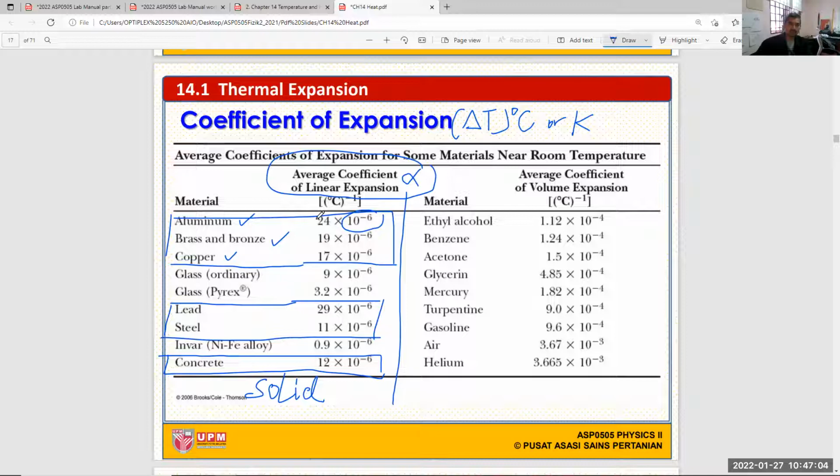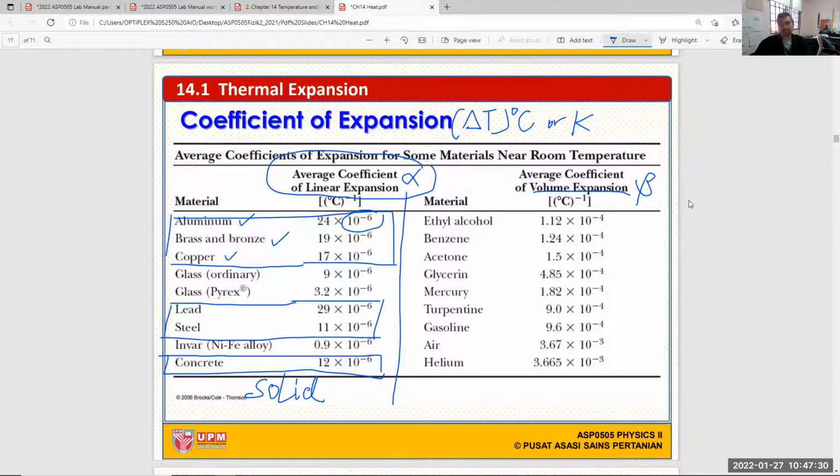And I told you yesterday that we can also have what we call volume expansion. After this I will talk about that. Based on the linear expansion, we also have a coefficient. What is the symbol for volume expansion? It's beta, right? You can see in your text, it's beta again.